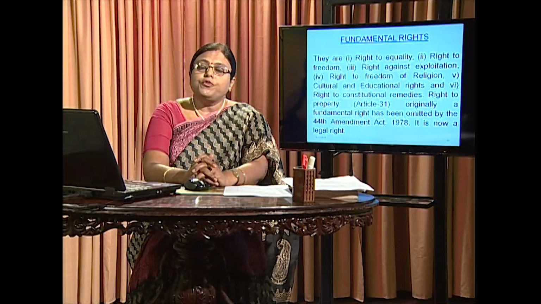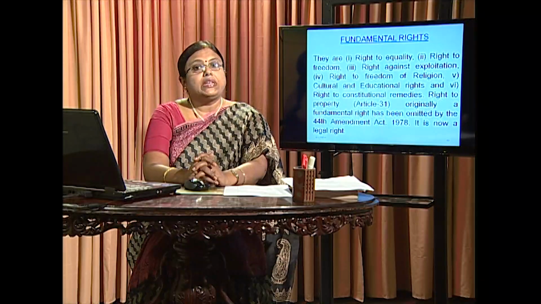As I have already stated that Article 32 gives us right to constitutional remedies. It means that we can move to the Supreme Court for enforcement of right, that is, against infringement of any of the fundamental rights. We can move to the High Courts by Article 226 for enforcement of fundamental rights as well as legal rights.